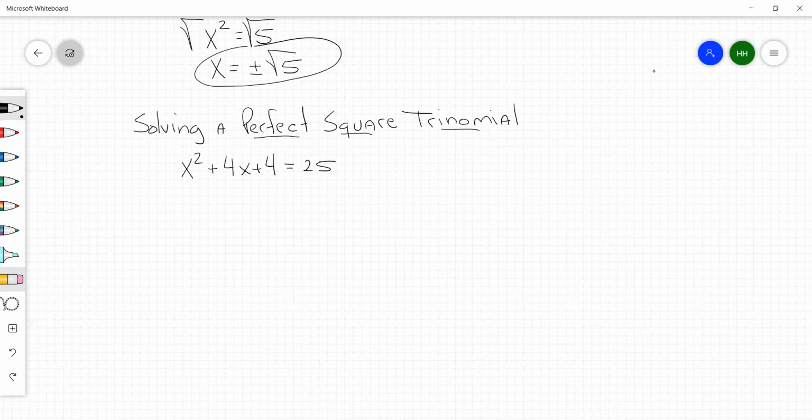And since the middle term is the sum of 2 and 2, which are the factors of 4, it makes it a perfect square trinomial. All right, so what you can do here is you can factor this left-hand side. This left-hand side factors to x plus 2 squared. And that's still equal to 25.